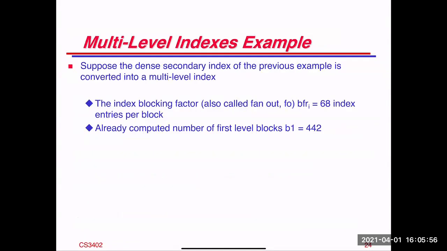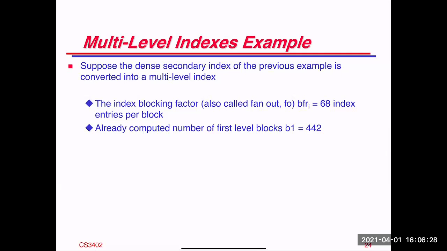Now let's look at this in a multi-level index scenario. Let's assume that we have this secondary index, which is a dense index, because we have one index entry for each search key value. Let's see how we can convert this to a multi-level index. We already know that the blocking factor is 68, from the previous slide, so we can fit 68 index entries into each block.